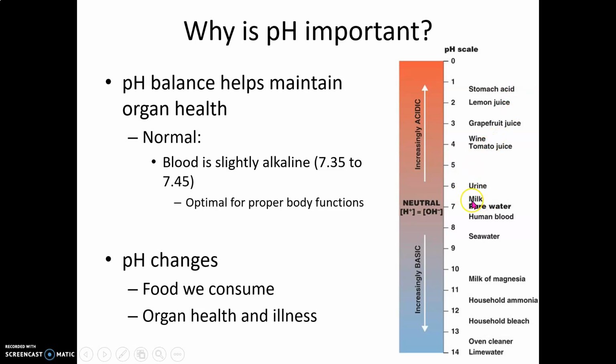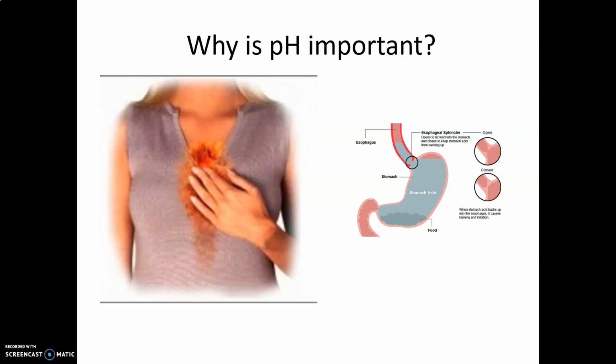But then you see milk is almost neutral. And then we have our basics, and we're finding this in a lot of our household cleaners, ammonia, bleach, oven cleaner. Those things are bases. And then you should also care too, because you could burn yourself by having too acidic or too basic of a mixture.